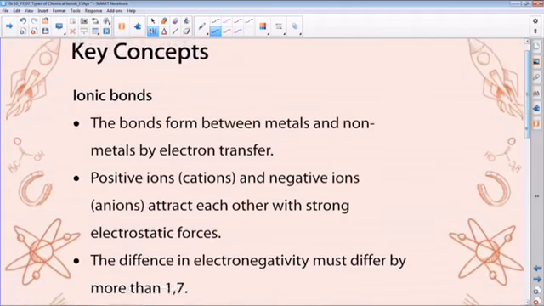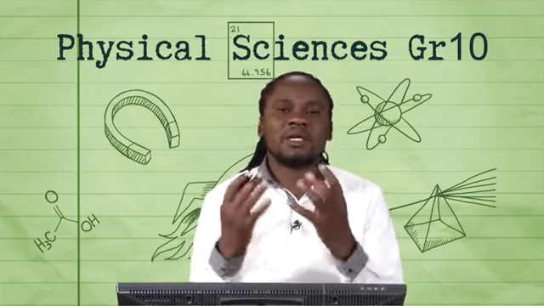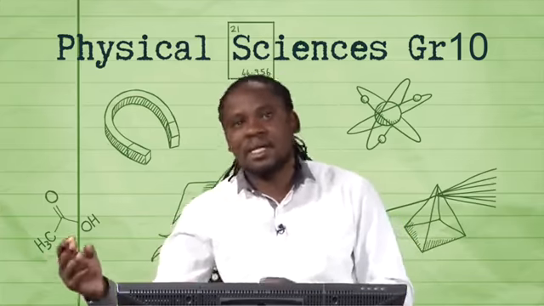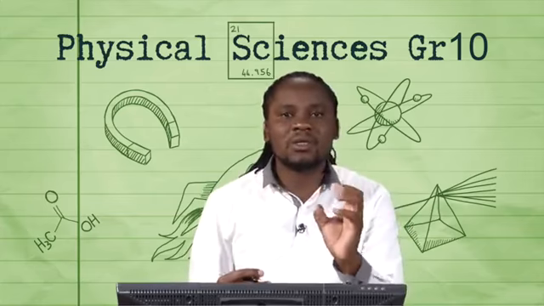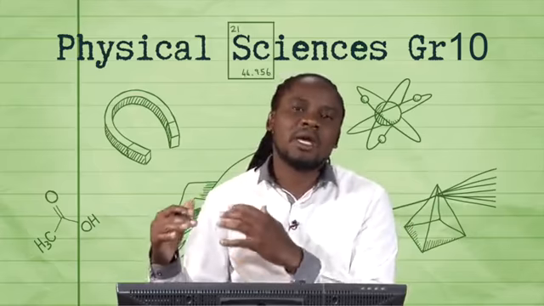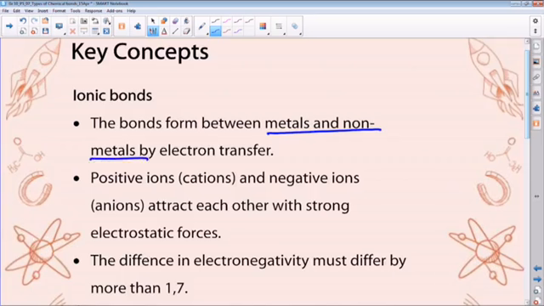As I've illustrated in that typical example, it's very important for us to know that as far as ionic bonding is concerned, the metal loses the electron to a non-metal. In that process, when the metal loses the electron, it becomes a cation, and the non-metal becomes an anion. The bond is formed through the transfer.